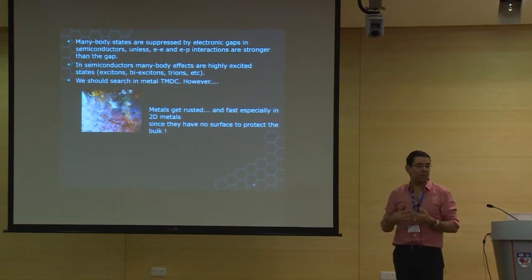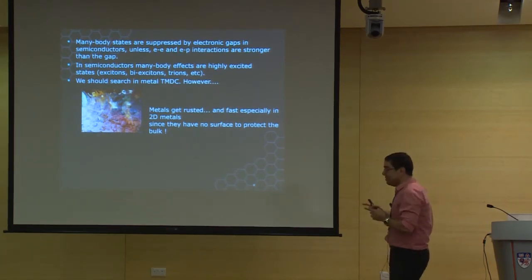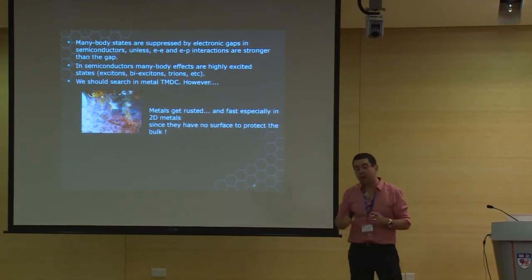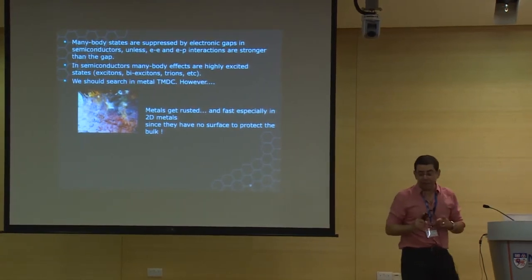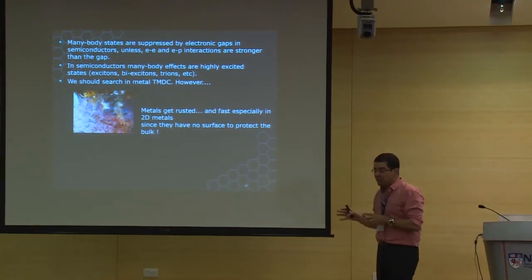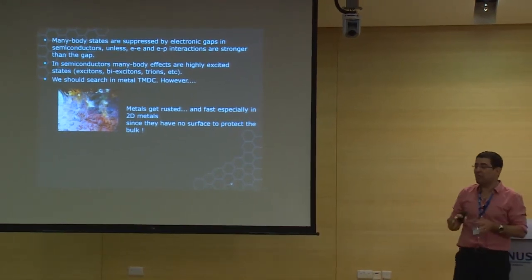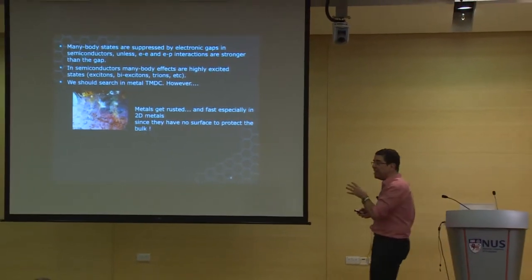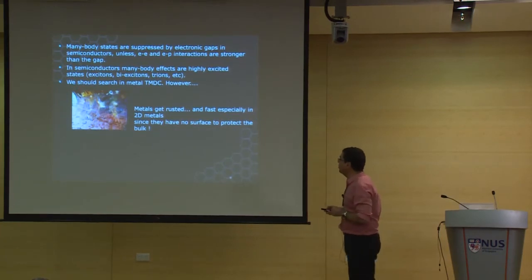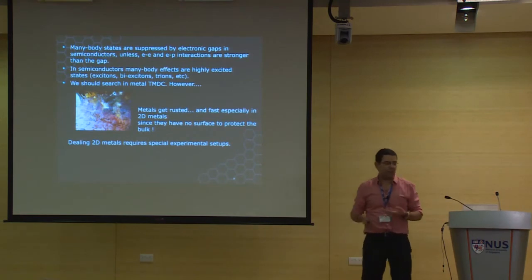Semiconductors are more stable to air and normal conditions. But 2D metals are much more interesting from the electronic point of view. And this is what I want to try to show to you, that the physics of 2D metals is quite extraordinary, especially in this class of transition metal dichalcogenides. Of course, for the experimentalists, this is a challenge.